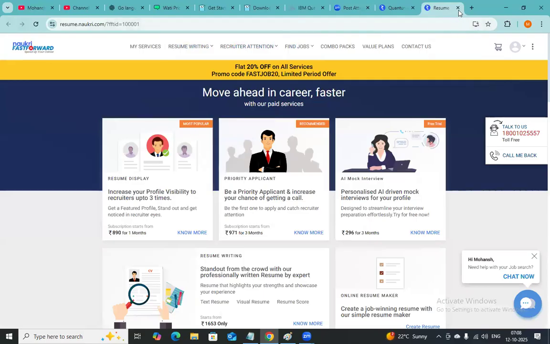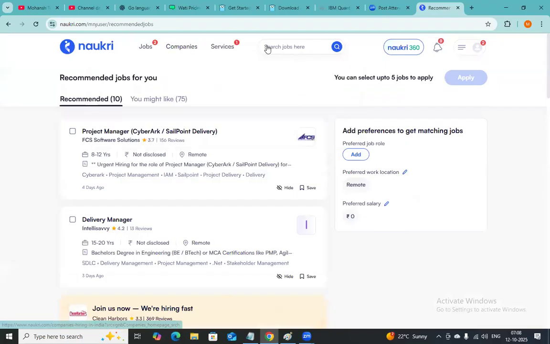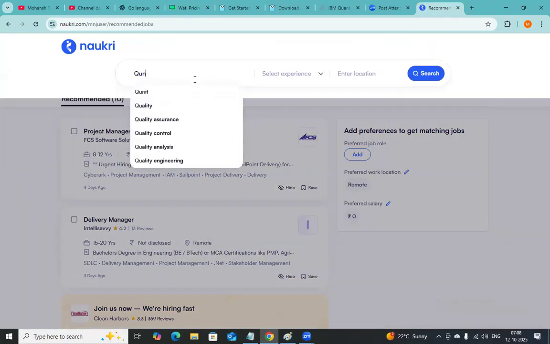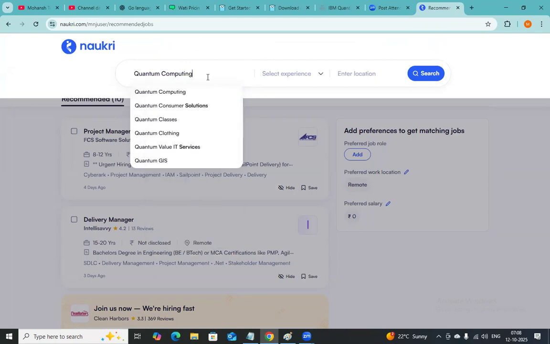Let me go for 1 second. Jobs. Search properly. Quantum computing.